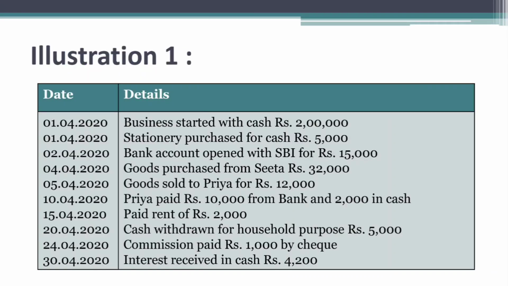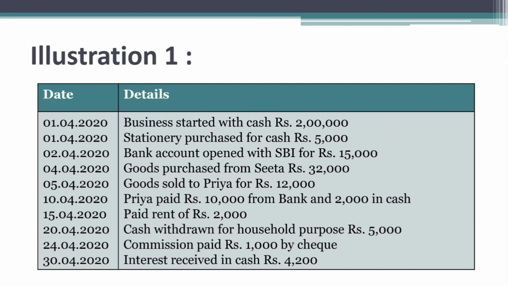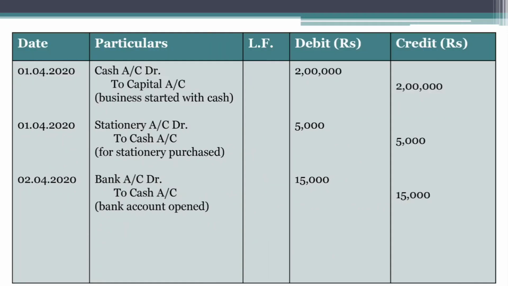Next point says stationery purchased for cash of Rs 5,000. In this case, the asset is increasing. So we debit the stationery account with Rs 5,000. Bank account opened with SBI for Rs 15,000. In this case, bank account is debited and cash account is credited with Rs 15,000.